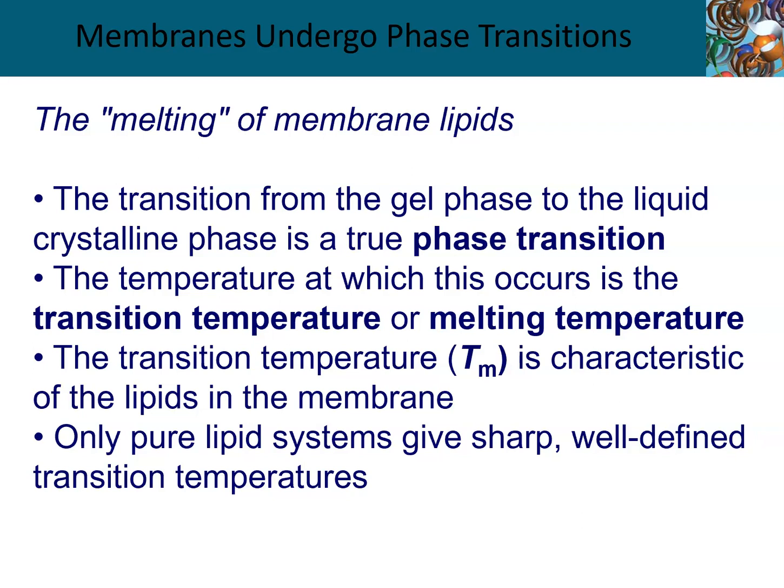Now, it's really common when people study these to make lipid bilayers out of 100% pure lipids that are well defined, and you get these really tight transitions in temperature. Like when you do a melting point in OChem and you have a pure compound, you get a really nice, clean melting point that's reproducible.